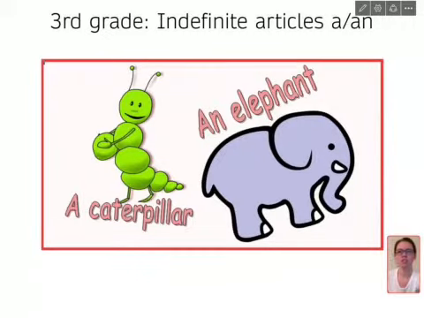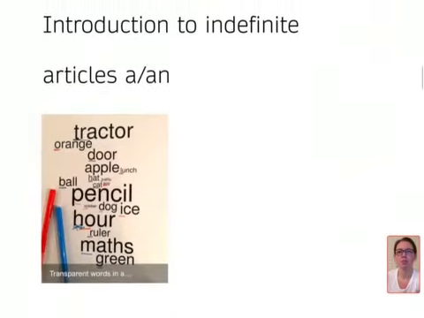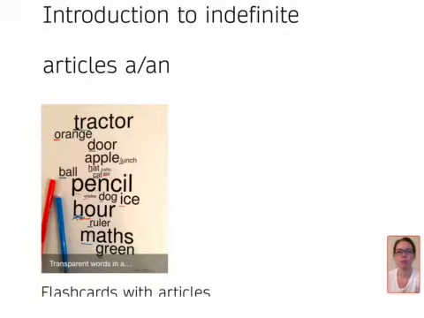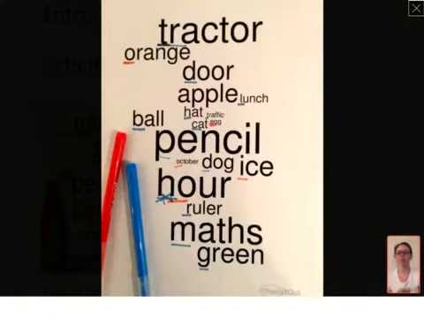As an introduction to the theme, I gave the pupils a sheet of paper with a word cloud, with carefully chosen words that could help me find out if the pupils knew the difference between a consonant and a vowel. In this word cloud, some words start with a consonant sound and some start with a vowel sound.